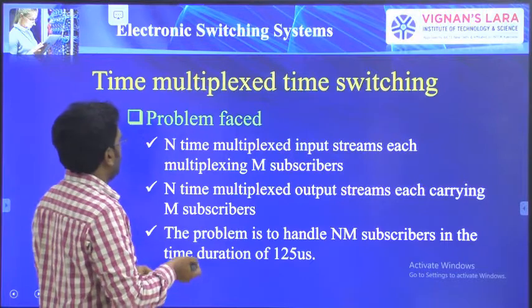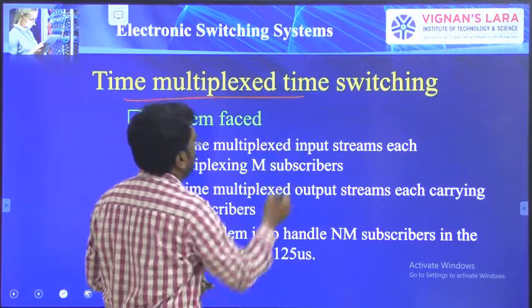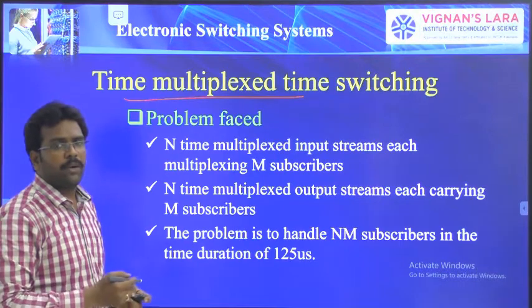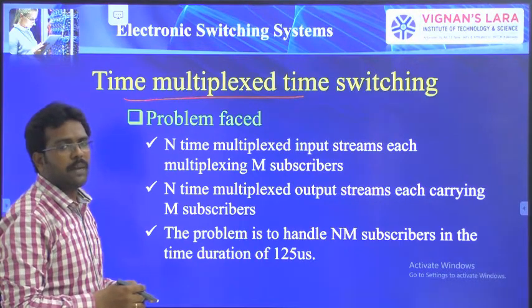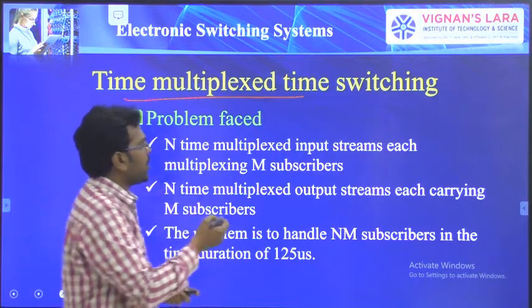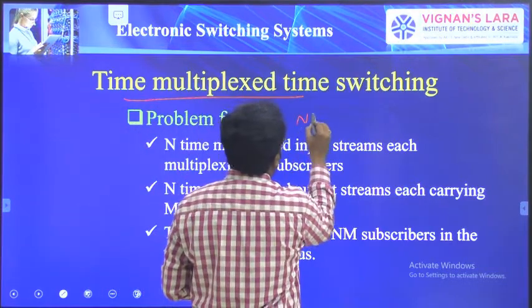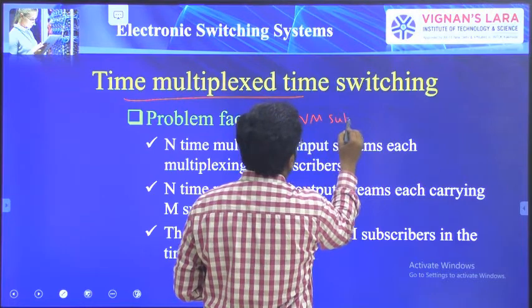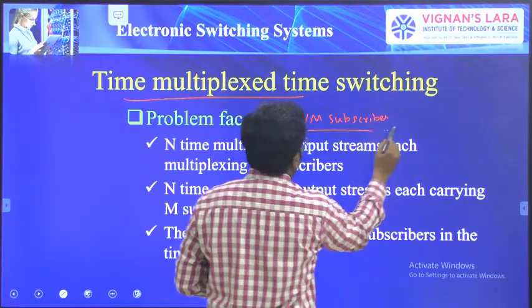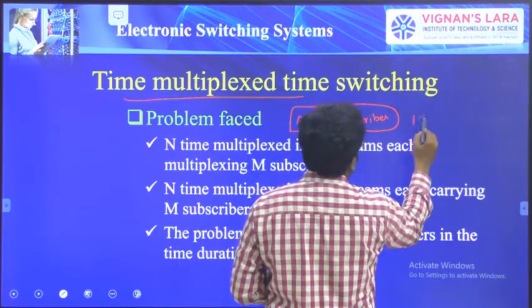Now we come to the point of the time multiplexed time switch. Generally the problem faced here is that it has to accommodate NM subscribers in a duration of 125 microseconds.